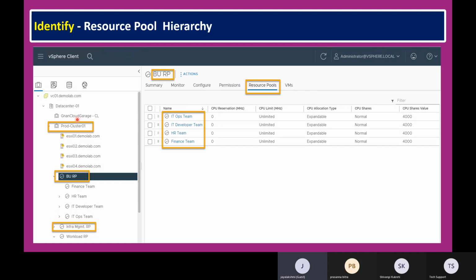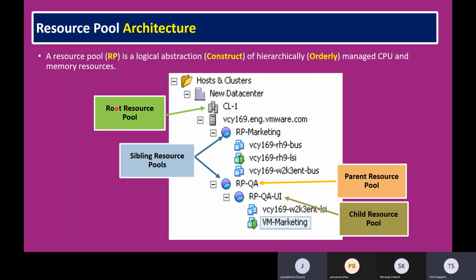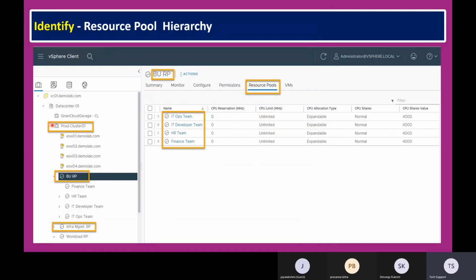This prod cluster 01 we can consider as the root resource pool, because a cluster is always the root only. So here our prod cluster is considered the root resource pool.